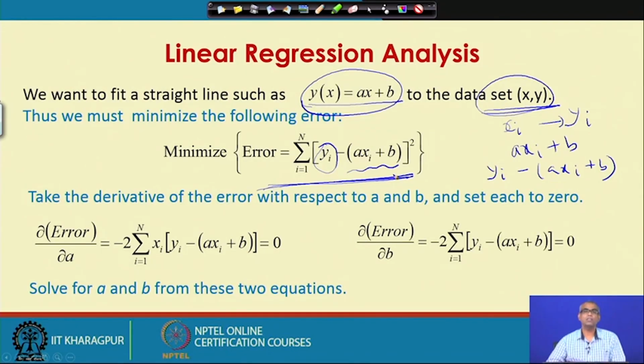So, the question now is to find values of A and B such that the sum of all the squared errors is minimum. This problem is known as the least square problem. Finding A and B that minimizes the sum of squared errors for all the observations.